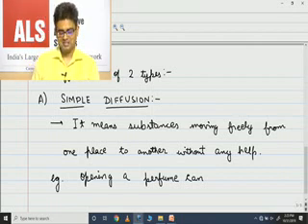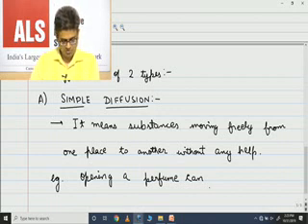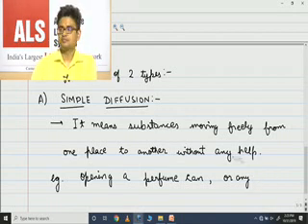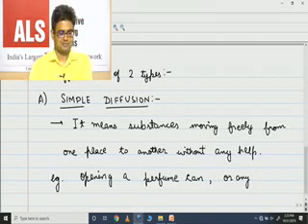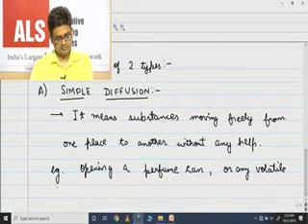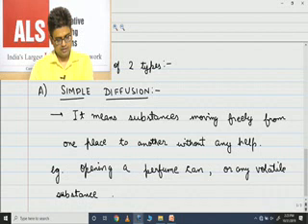Opening a perfume can or any volatile substance in a room.